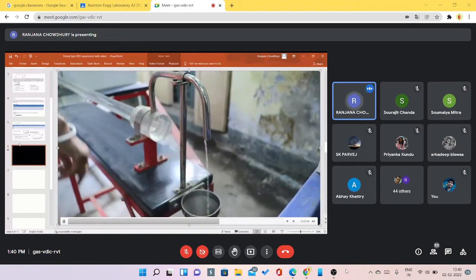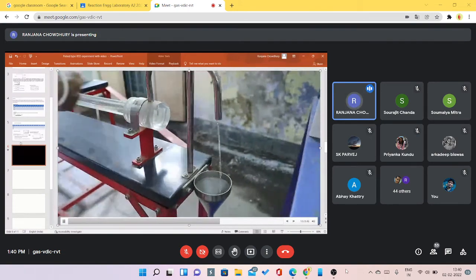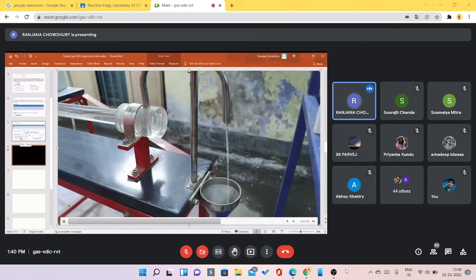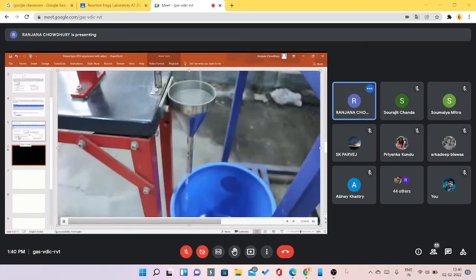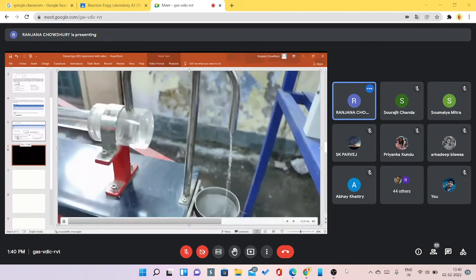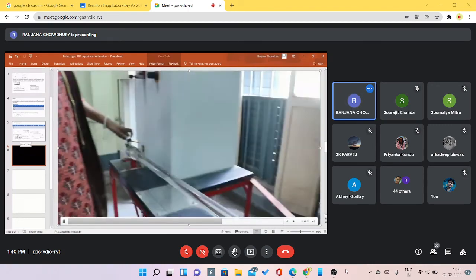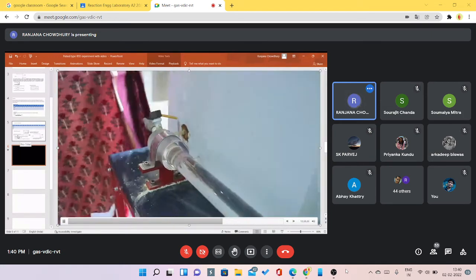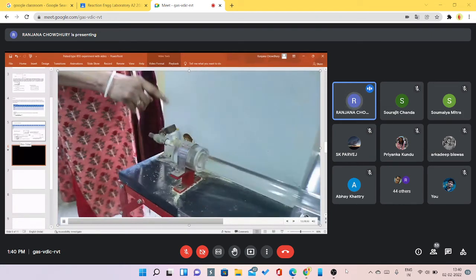So after say 5 minutes, we will inject the tracer from this point. Introduce the tracer from here.